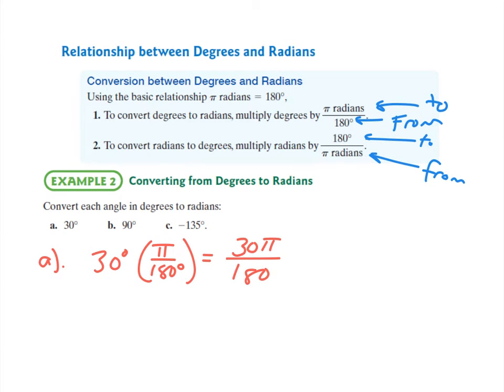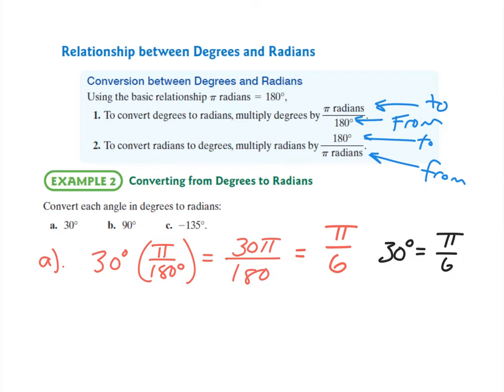And note that our two degree symbols here kind of cancel each other out. By simplifying, I know that 3 goes into 18 6 times, and then the zeros cancel out, so we're going to be left with pi over 6 as our radian measure for 30 degrees. So here we know that 30 degrees is equal to pi over 6.